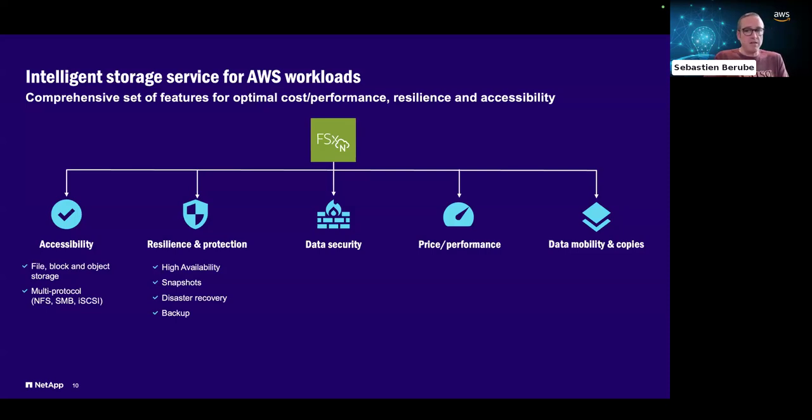You also have multi-availability zone deployment. So if you're looking for something that will provide availability at the region level, the equivalent of, say, running a MetroCluster on-premises, then you can deploy, again, two different instances of ONTAP that will be synchronously replicated between one another, but that are actually running in two different availability zones.